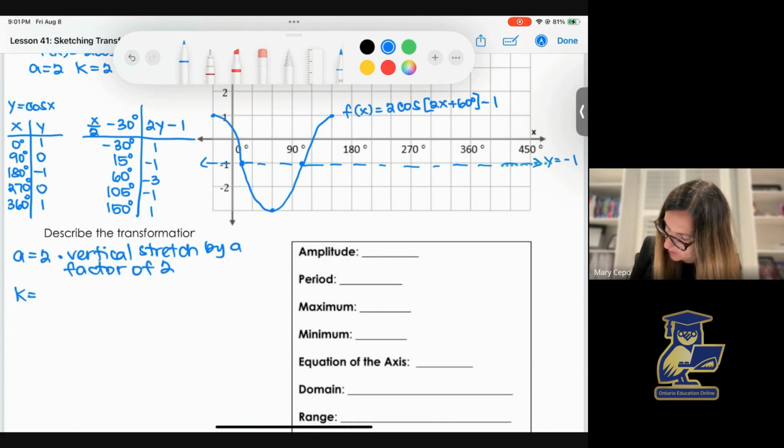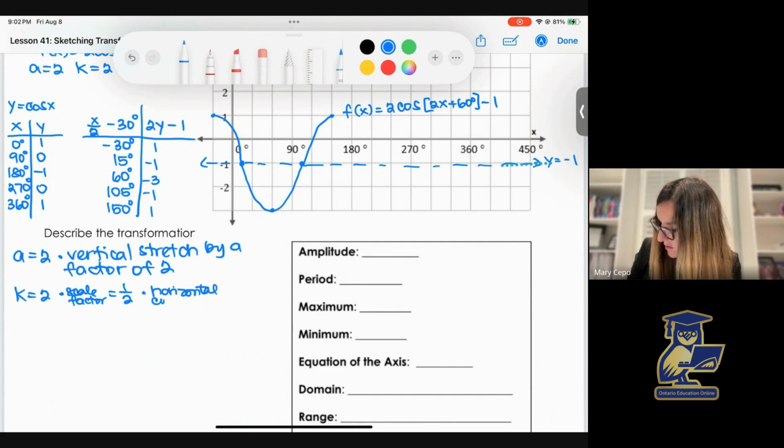K is equal to 2, so that means scale factor is 1 over K, 1 over 2, so that means we have a horizontal compression by a factor of 1/2.